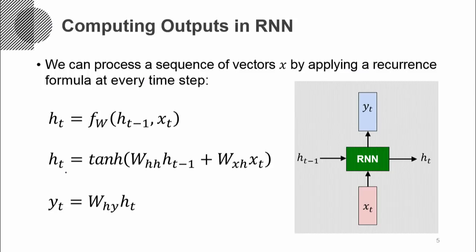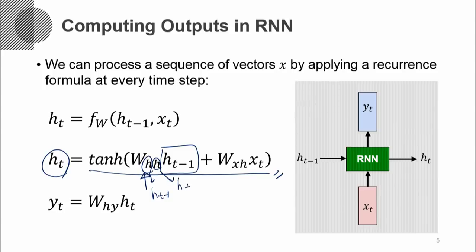In general, this current time step's hidden state vector is computed in this form, where we take the previous time step's hidden state vector transformed by our linear transformation matrix W_hh. So this h is indicating h_t minus 1, and this is h_t.